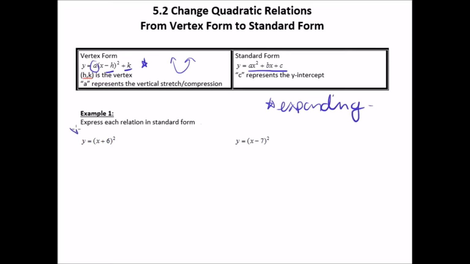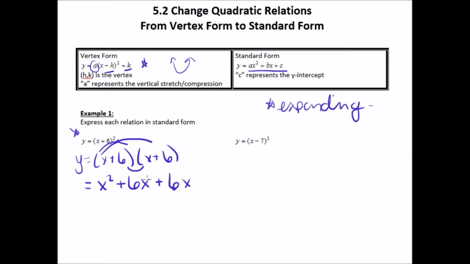Express each relation in standard form. The first relation is in vertex form. Because this is squared, I'm going to rewrite this as x plus 6, x plus 6. And then I'm going to use that rainbow method. So x times x is x squared. x times 6 is 6x. 6 times x, again, 6x.